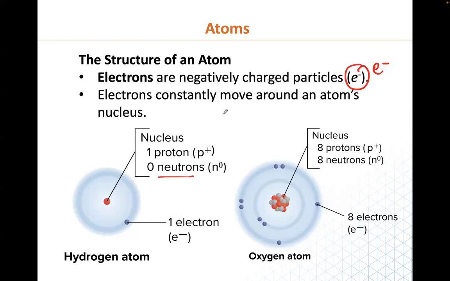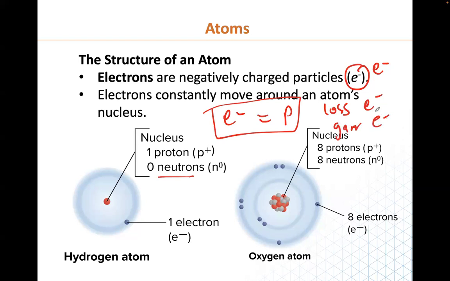So the number of electrons is always equal to the number of protons, except when the atom or the element loses or gains electrons. If it gains electrons, the number of electrons increases. If it gives electrons out, the number of electrons decreases. All right? So this is exactly what happens.